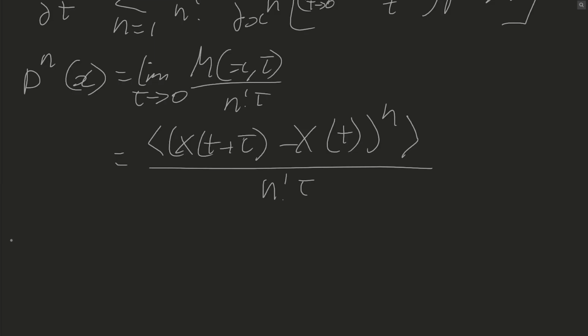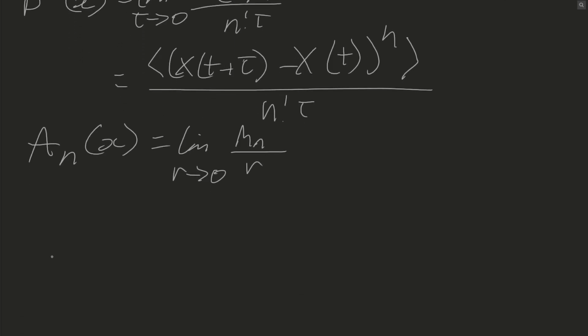I think the standard definition usually leaves n factorial in the Taylor sum, but just to be rigorous, we can define a_n of x, the coefficient intensity, as the limit as tau approaches 0 of m sub n over tau. I do have some notes, but they're not amazing.